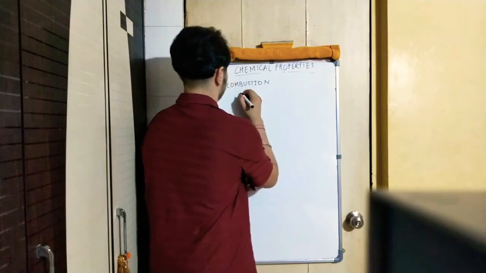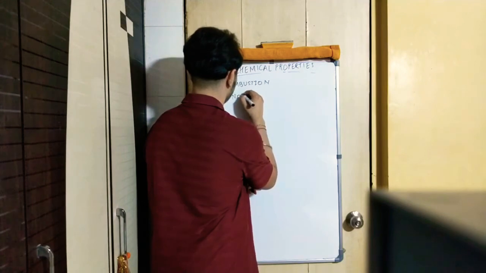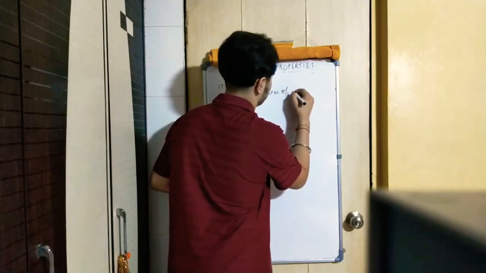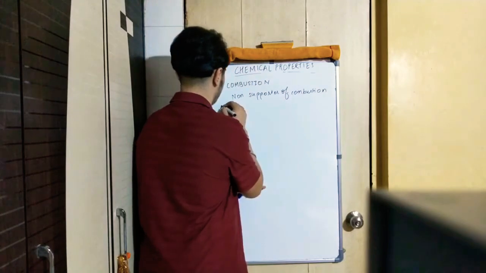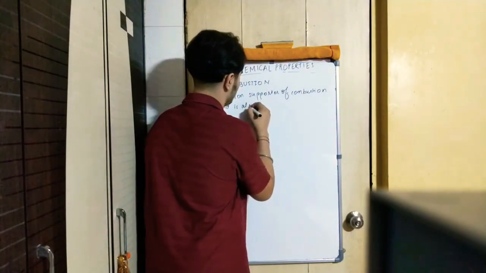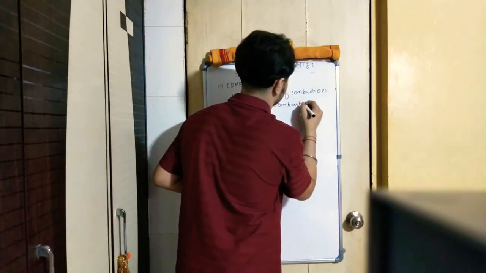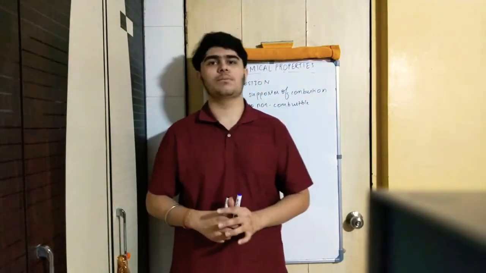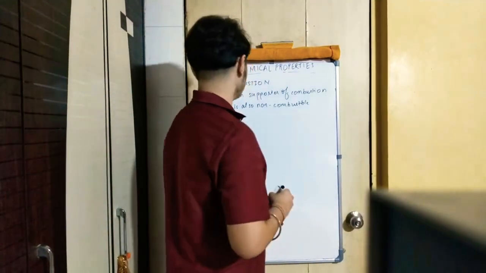It burns down a glowing splint. It's a non-supporter of combustion and also is a non-combustible gas because it does not catch fire. So it is a non-supporter of combustion.